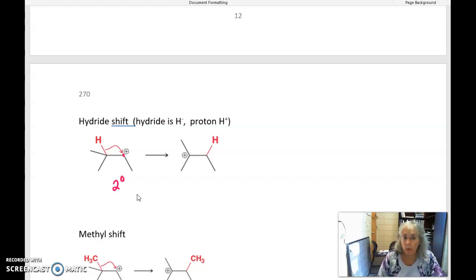And so that will happen. This hydrogen from over here will shift, and that will make this have 4 bonds. It'll have the original hydrogen it had and its new hydrogen, and make our carbocation this, which is going to be tertiary.